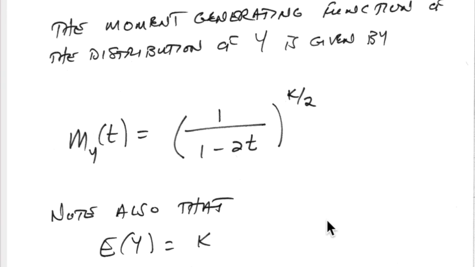We can also use what we know about the mean and variance of the gamma distribution to determine the mean and variance of the chi-square distribution. In particular, for a chi-square distribution with k degrees of freedom, the expected value is k, the degrees of freedom, and the variance is 2 times k, or 2 times the degrees of freedom.